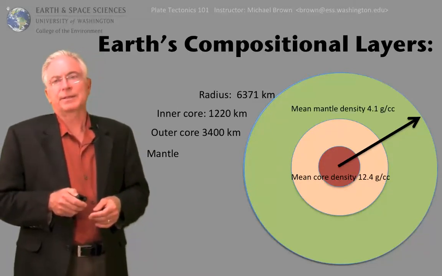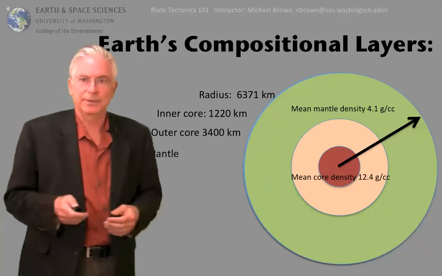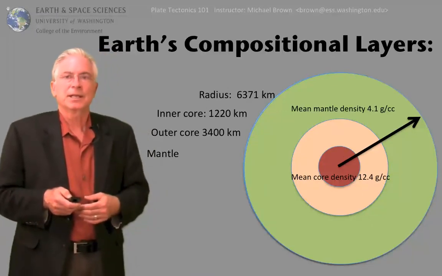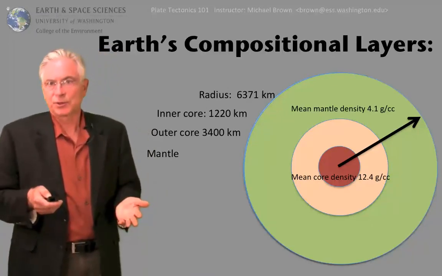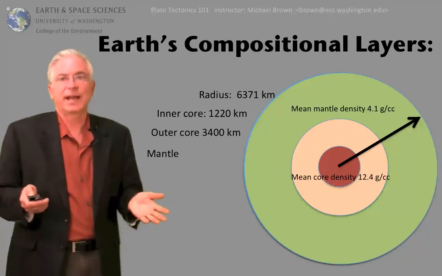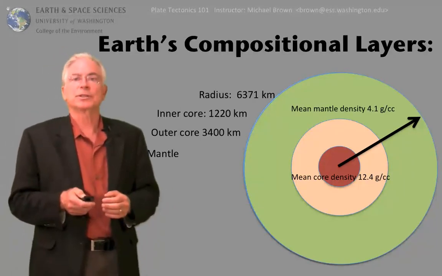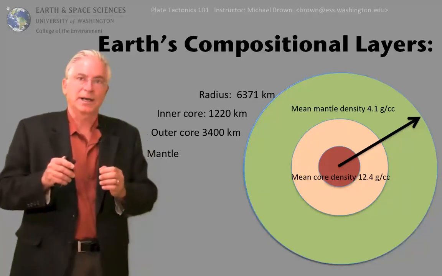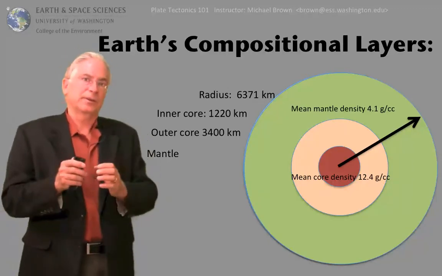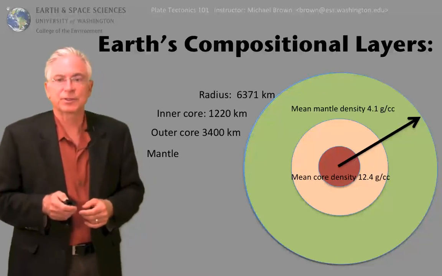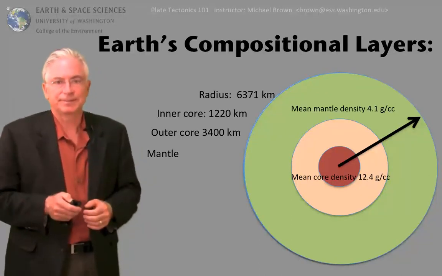Now, the mantle has a mean density of 4.1 grams per cc, which is denser than most surface silicate rocks, but in fact that's again a result of the high pressure causing a compression of the minerals, both self-compression as well as change of crystal arrangement.